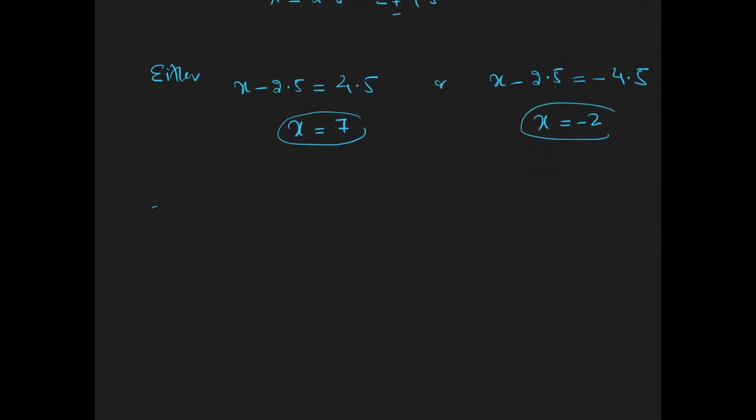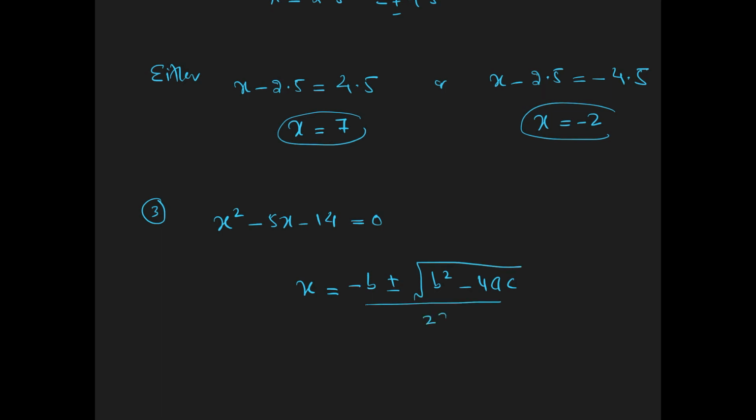And the third method of solving the same equation, x square minus 5x minus 14 is equal to 0, is to find the roots of this equation using the quadratic formula. And quadratic formula is x is equal to minus b plus minus square root of b square minus 4ac over 2a.